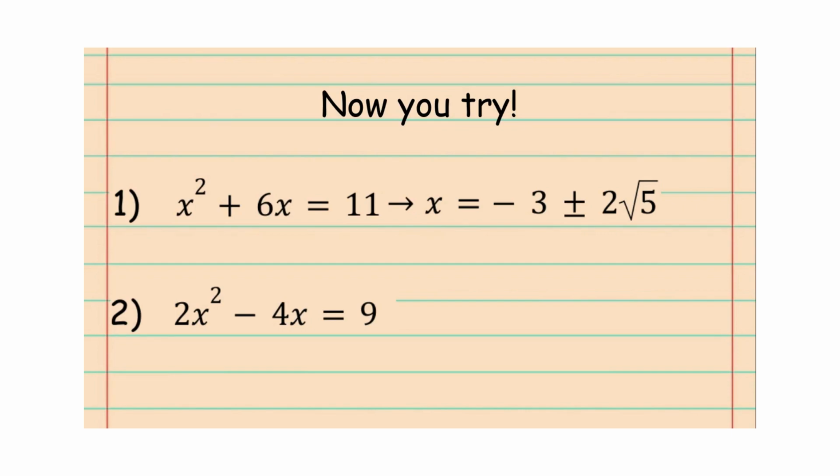Alright, I'll assume we're ready to continue. The correct answer is x equals 1 plus or minus root 22 over 2. Note that the root 22 over 2 was obtained by rationalizing a denominator.